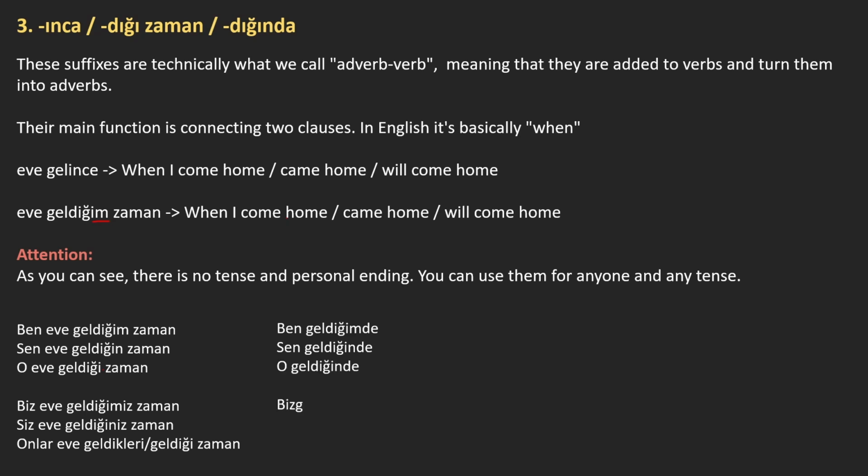And biz geldiğimizde, siz geldiğinizde, onlar geldiklerinde, or sometimes geldiğinde. Okay? That was my point. I wanted to show you that the zaman has an indicator for the person, but ınca will always be the same. Ben gelince, sen gelince, o gelince, biz gelince, siz gelince, onlar gelince.